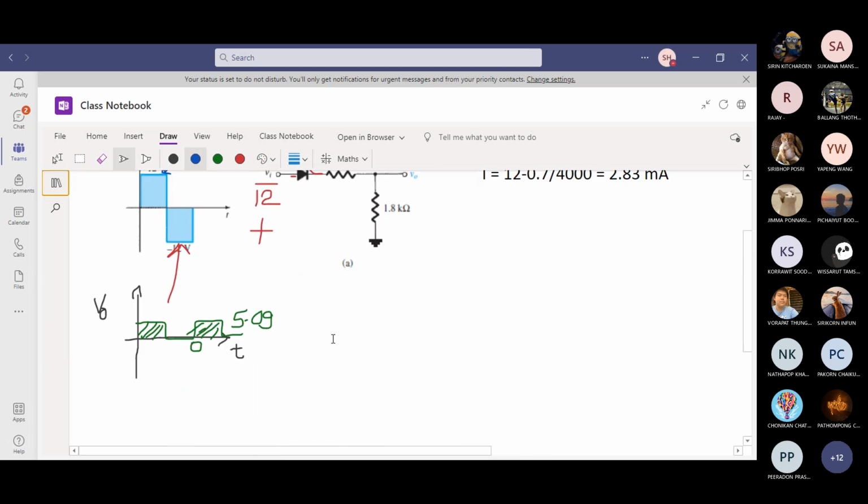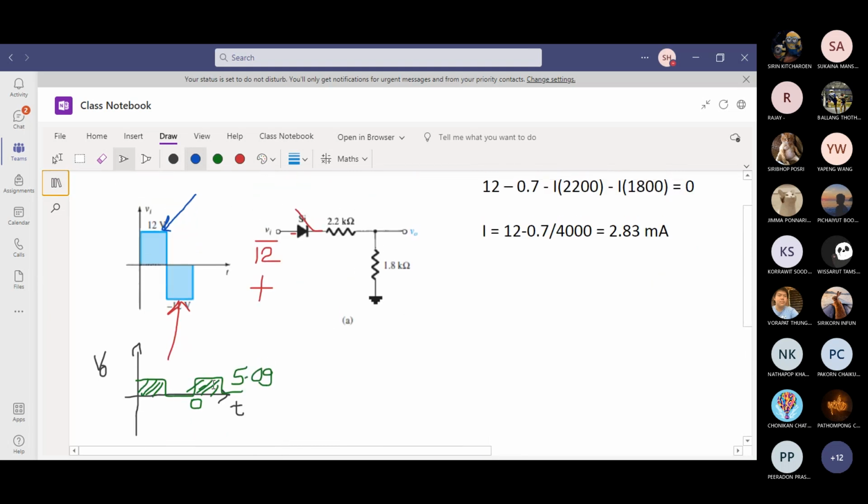You're asking why there is no voltage for the negative half cycle? Yes. On the negative half cycle, the input is minus 12 volt. When you put minus 12 volt on the anode, and this is the ground, kind of at 0, the diode is not on, the diode is open.